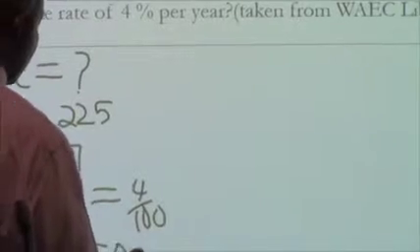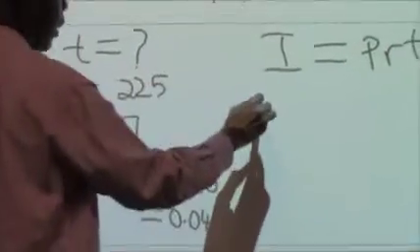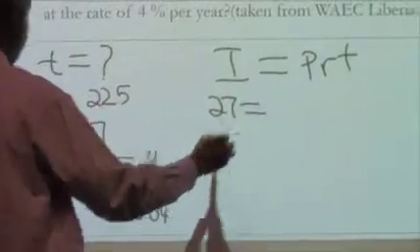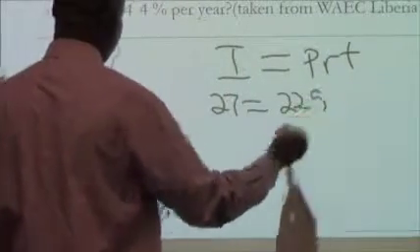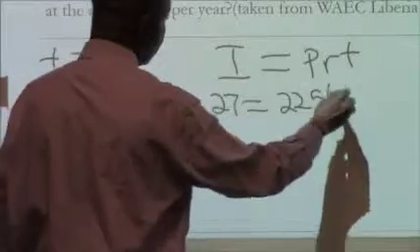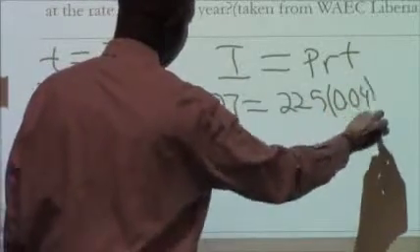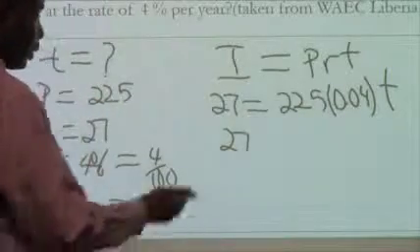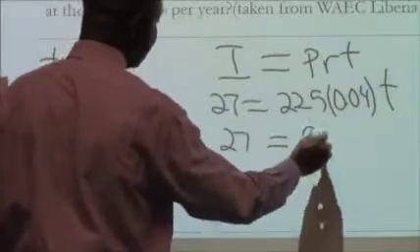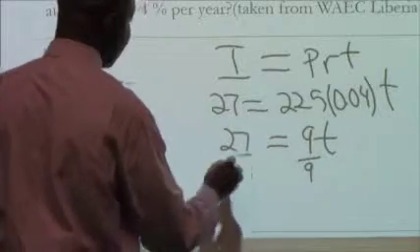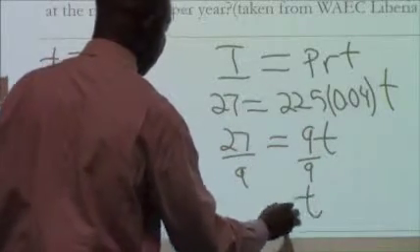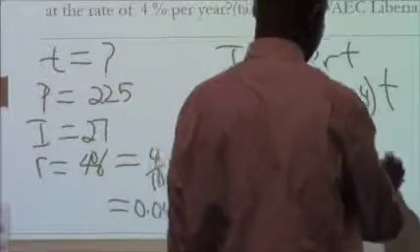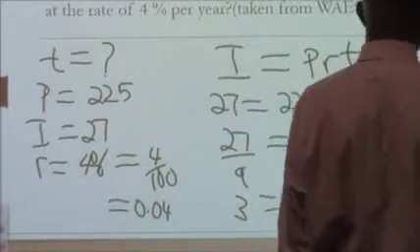I'll have 0.04. So now I'm going to substitute into my simple interest formula, PRT. So interest is 27, principal is 225, the rate is 0.04, and the time I don't know. When I perform that operation over here, I'm going to have 9T, divided by 9, divided by 9. I'm going to have T equals 3, so the time here is 3.